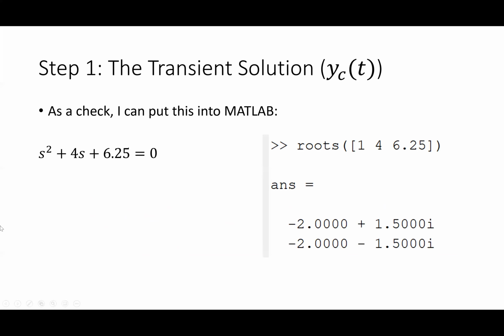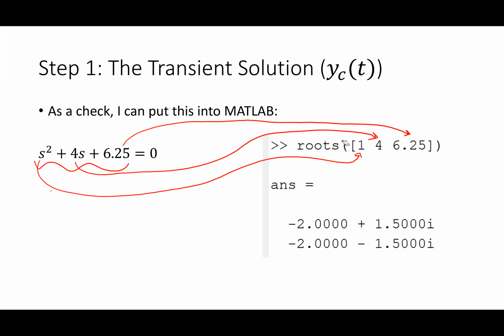This number 4, I put second. And the number 1, I put first. And notice I put them into square brackets here. And I say, tell me the roots of that. And there they are: -2 plus 1.5j, and -2 minus 1.5j.